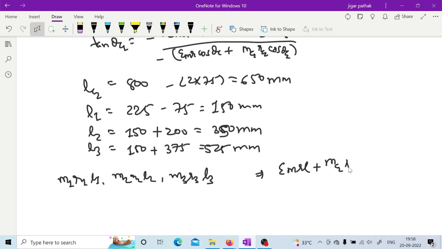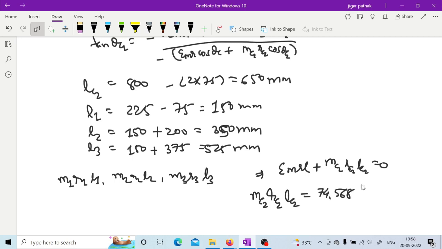Once you calculate this, apply sigma MRL plus MC2 RC2 LC2 equals 0. By considering both sigma MRL cos theta and sigma MRL sin theta, similarly MC2 RC2 LC2 cos theta 2 and MC2 RC2 LC2 sin theta 2, if you write both equations and make MC2 RC2 LC2 the subject by squaring and adding, you will get MC2 RC2 LC2 equal to 74568, something like that.